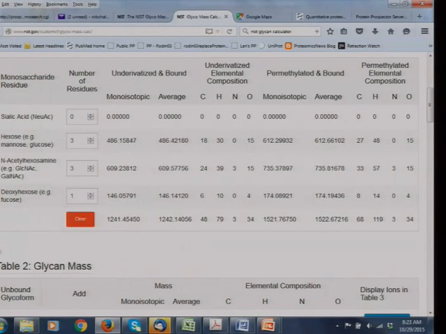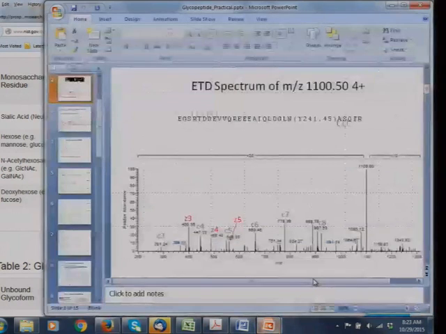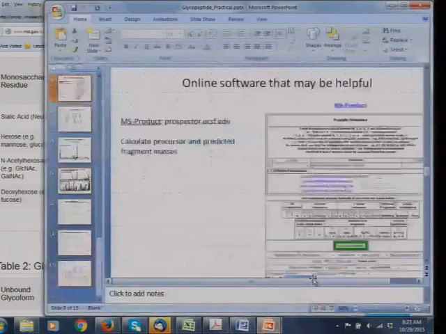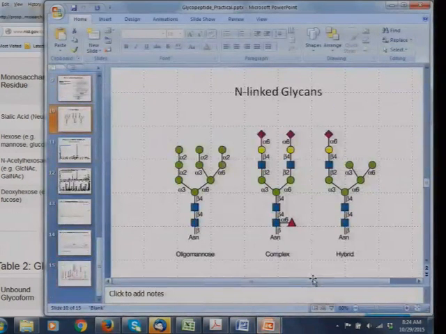No. So, one, there isn't a way to get to 1241 using 5 sialic acids, and two, we know what sugar structures in general are possible. So, we know that it's got to have a structure somewhat similar to this, because all N-linked glycans start with this same base build.